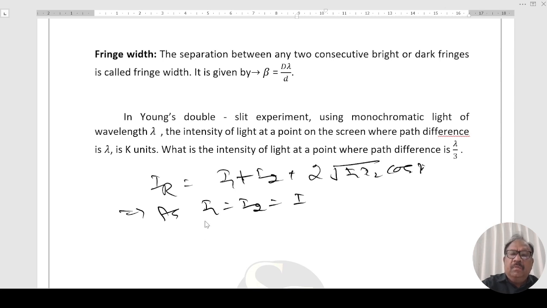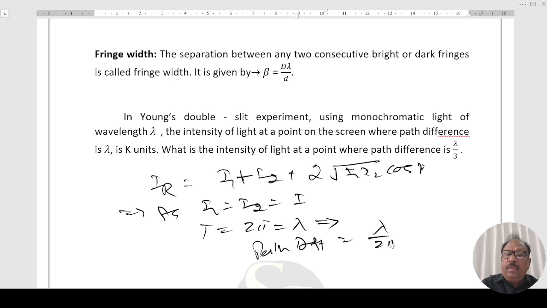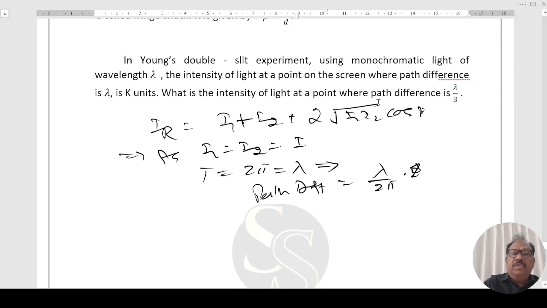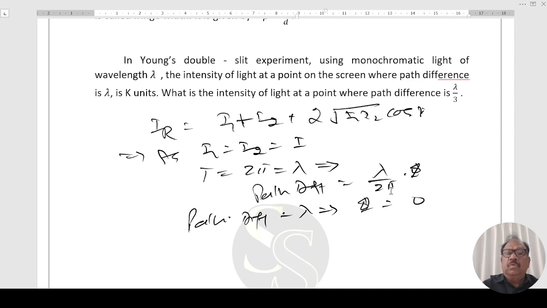and the initial path difference is lambda. You know, 2 pi phase corresponds to lambda. That is, path difference equal to lambda upon 2 pi into phase difference. So when the path difference is lambda, phi is equal to 0.